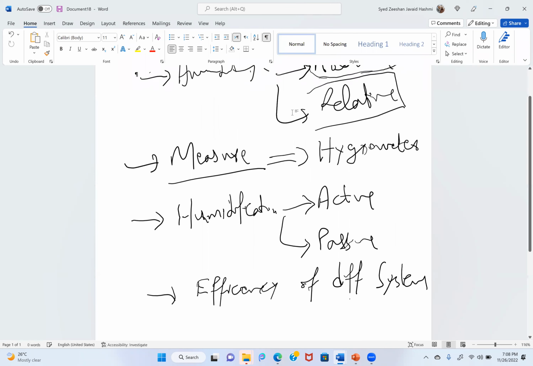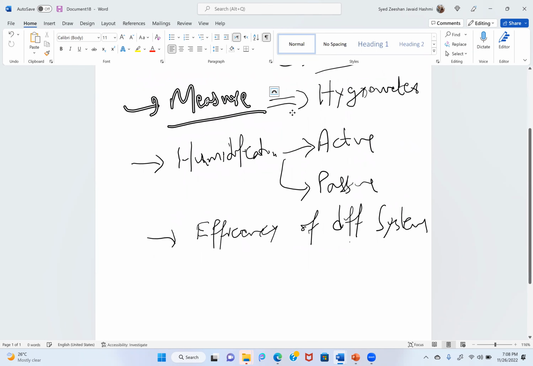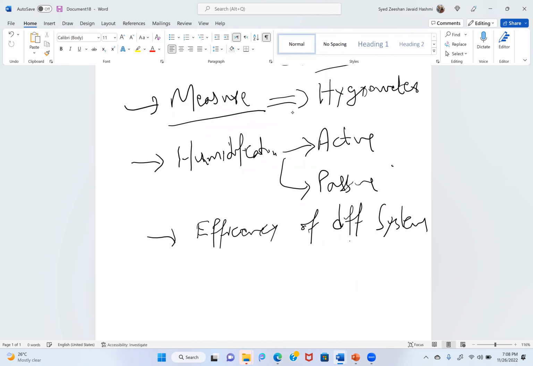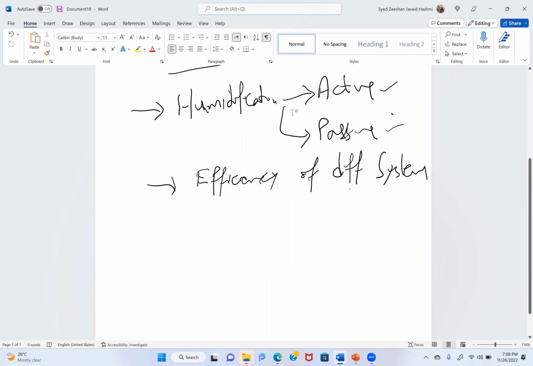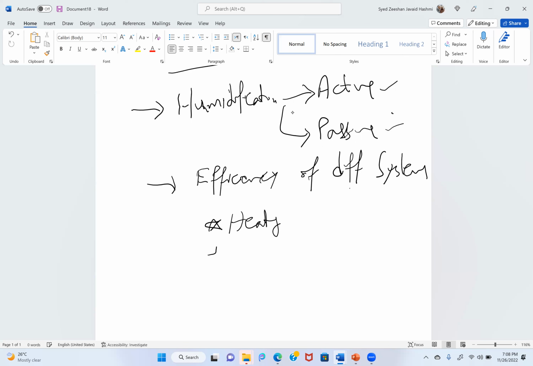Okay, so this is just an outlook. There will be a number of ways to do active humidification and passive humidification. Usually the ways will be either a heating system, or also cooling. There will be some systems with nebulization.